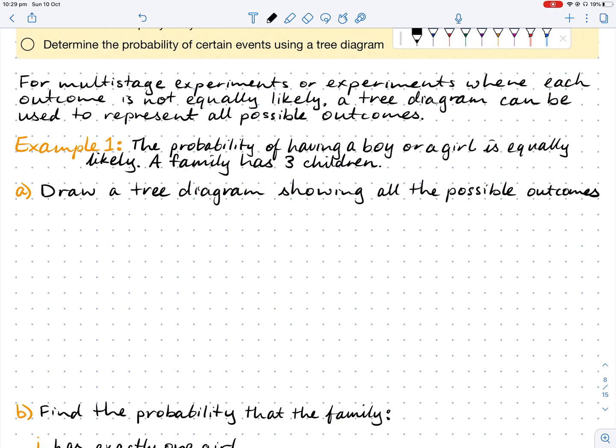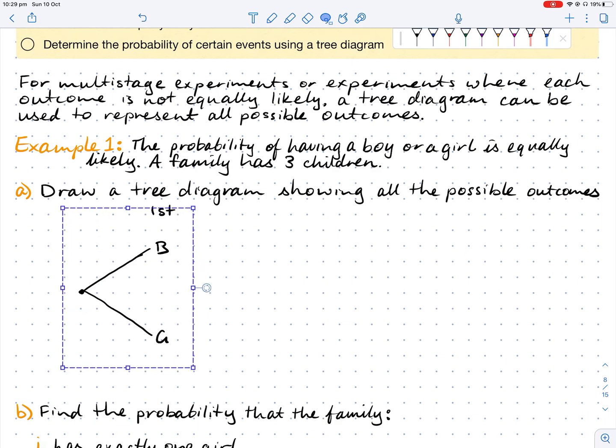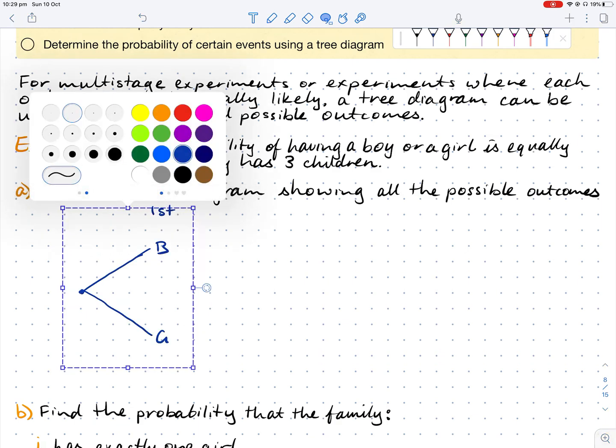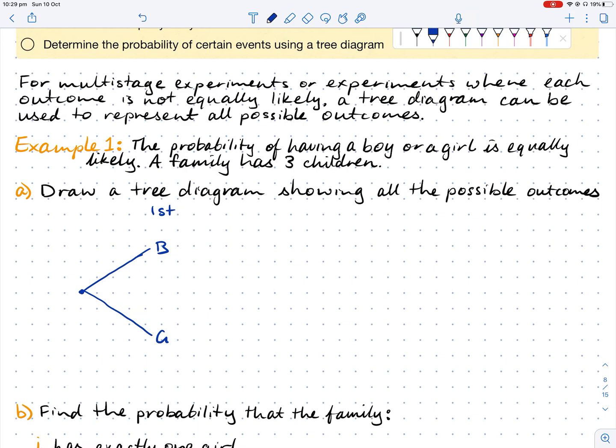So we've got 3 children. When we draw a tree diagram, we always start from a point and it's going to branch off. So the first child could be a boy or a girl.